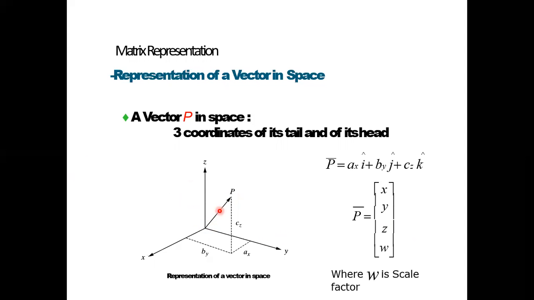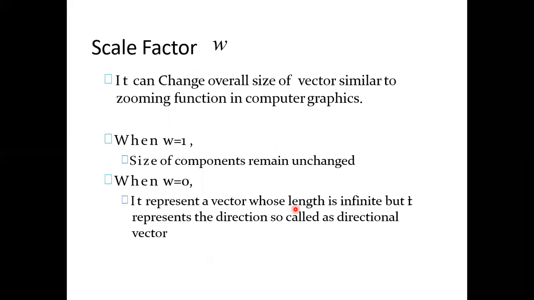Only if it is connected with the origin will the W value be 1. The scale factor can change the overall size of the vector, similar to the zooming function in computer graphics. When W is equal to 1, the size of the components remains unchanged. When W is equal to 0, it represents a vector whose length is infinite, but it represents the direction. So it is called a directional vector.